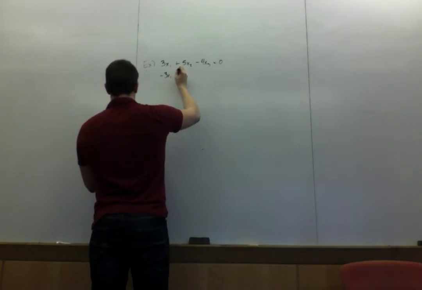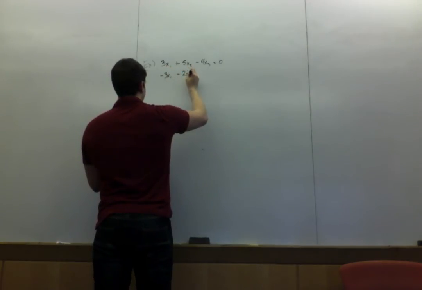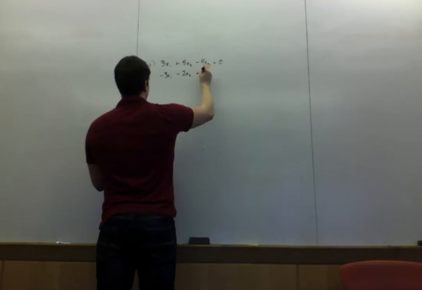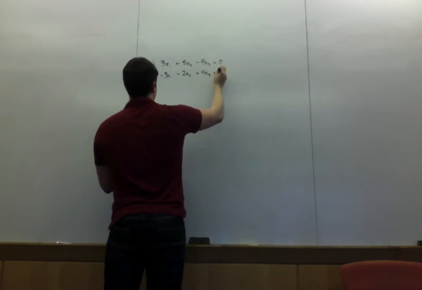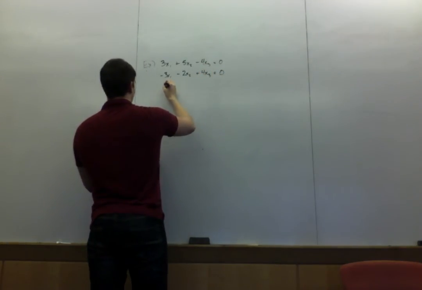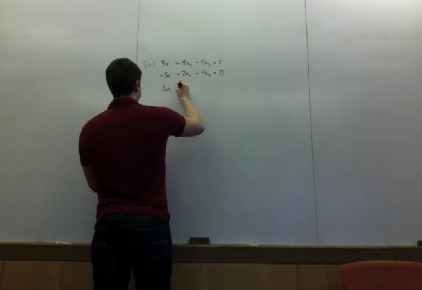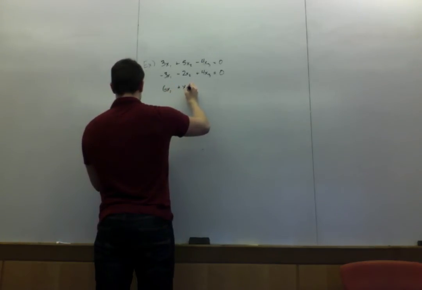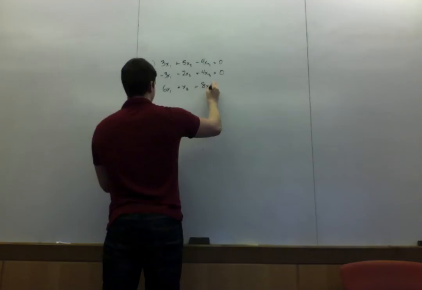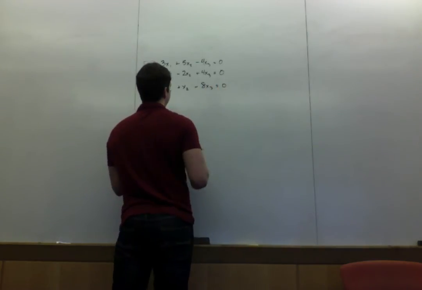Negative 3x1 minus 2x2 plus 4x3 equals 0. 6x1 plus x2 minus 8x3 equals 0.